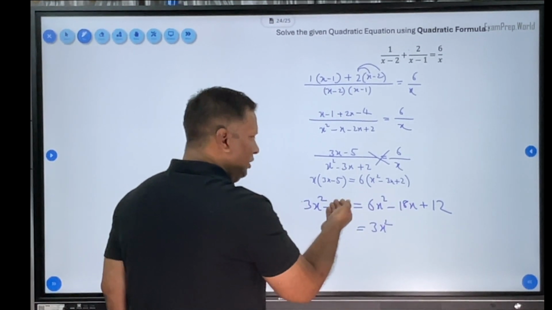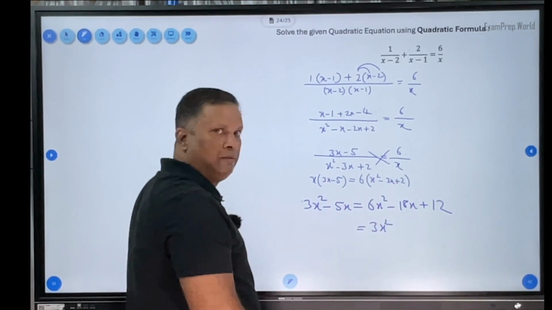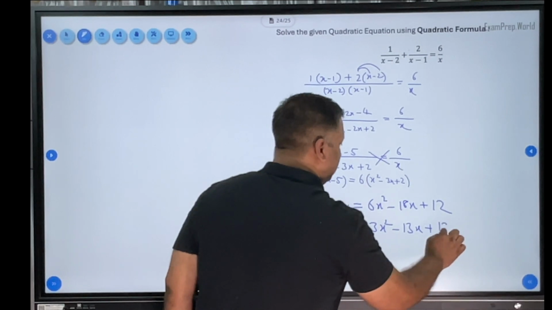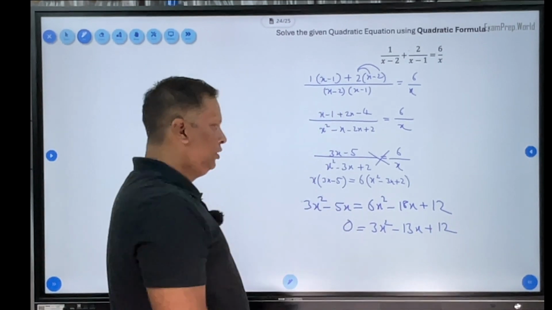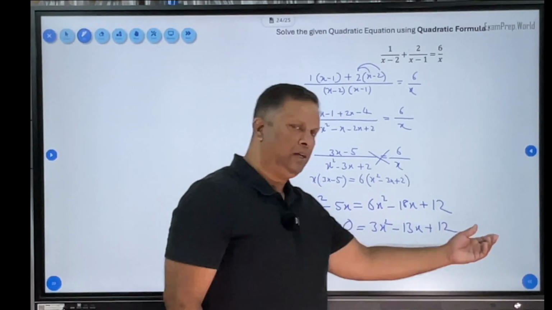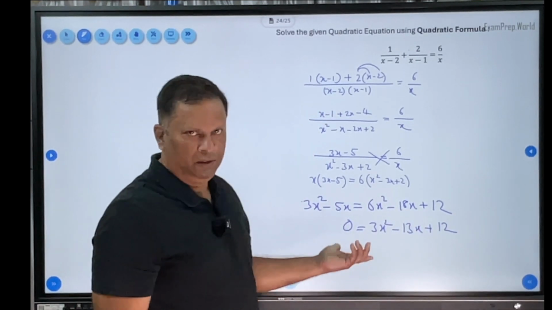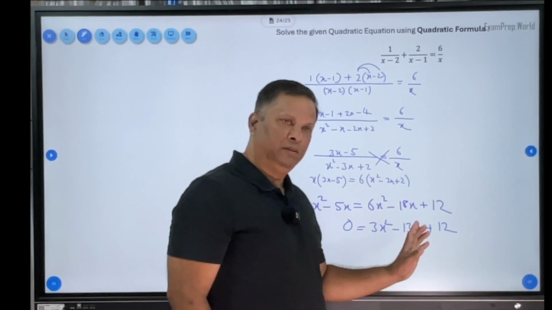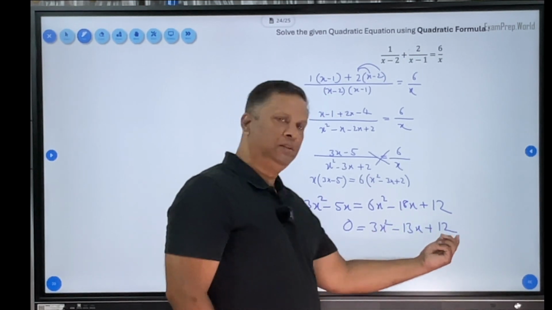Negative 5x will go here and become plus 5, so it will become negative 13x, and 12 will be as it is, and here is 0, right? So it's a quadratic. Instead of 0 being on the right side, it is written on the left side, doesn't matter. So now you have a, b and c: a is 3, b is negative 13, c is 12.